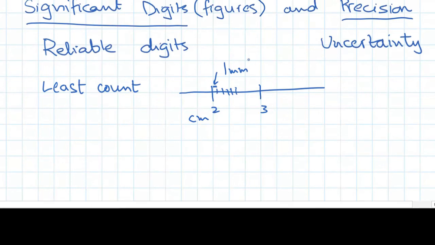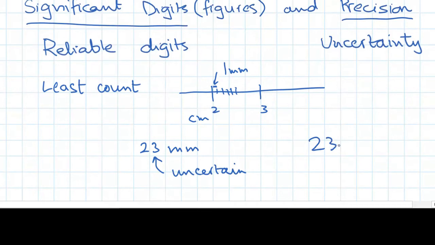So if I measure some length as 23 millimeters, then this has uncertainty, because the actual length may have been a little bit over or below that. But I can only measure 23.